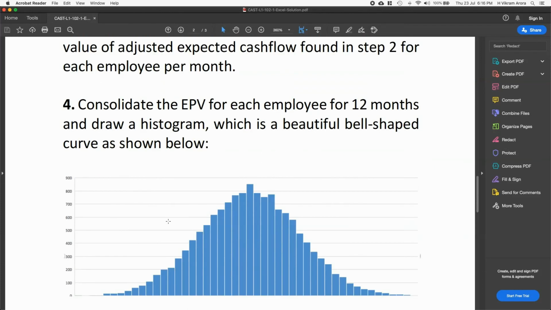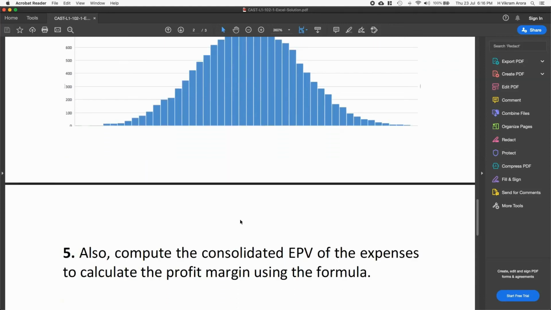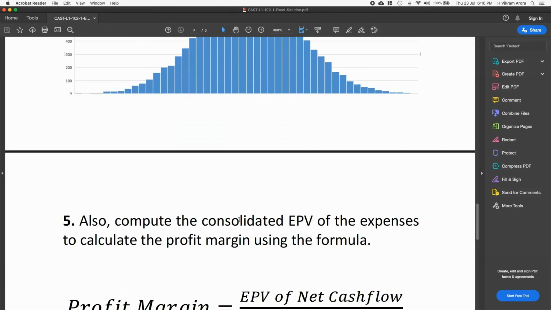And this is how the histogram would look, as you can see here. This histogram shows the expected present values, and it produces a bell-shaped curve, which indicates that the data is normal enough.